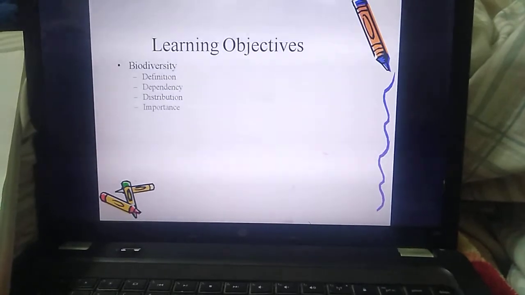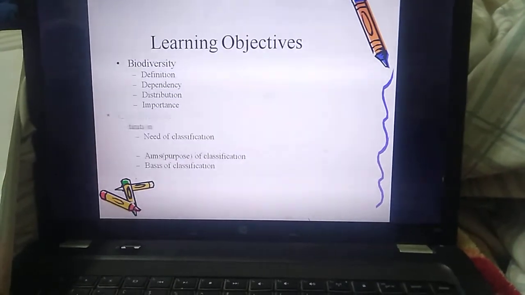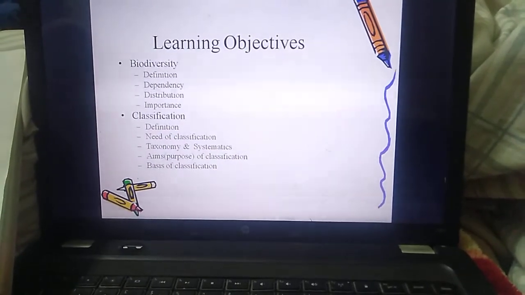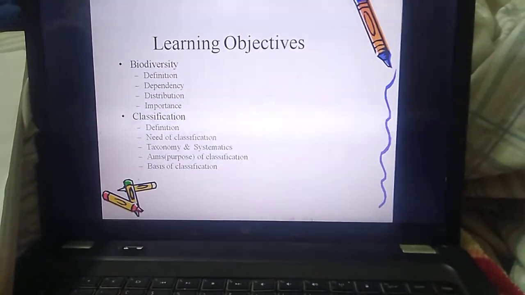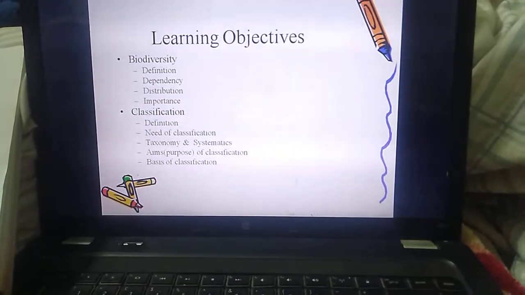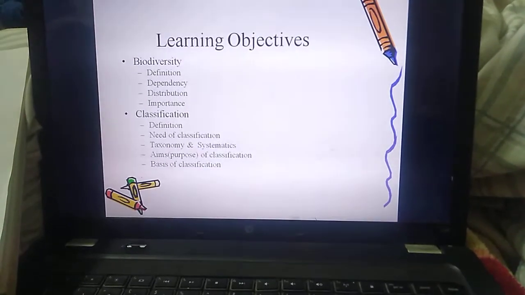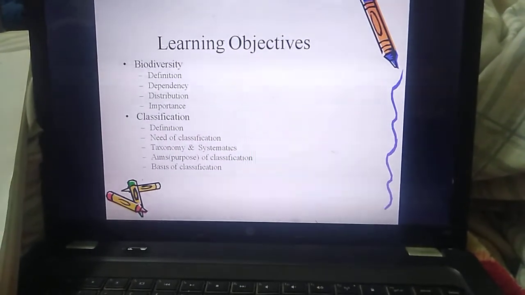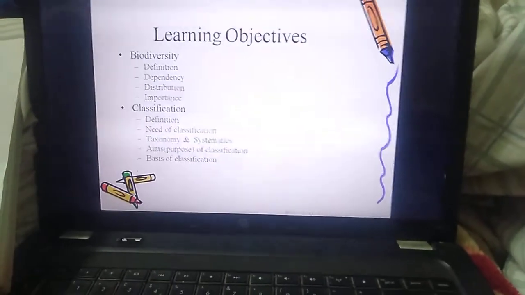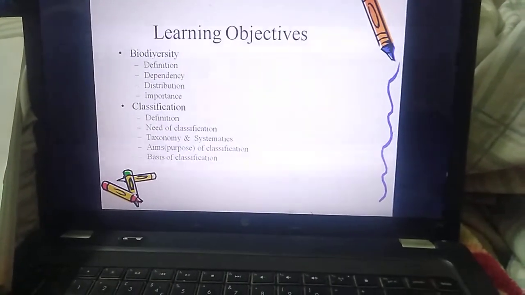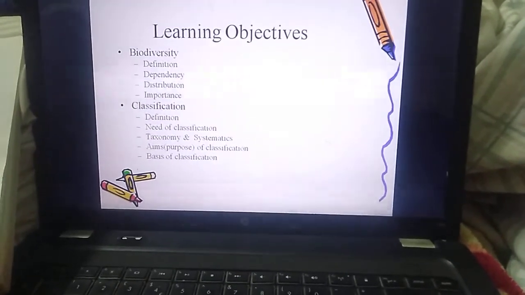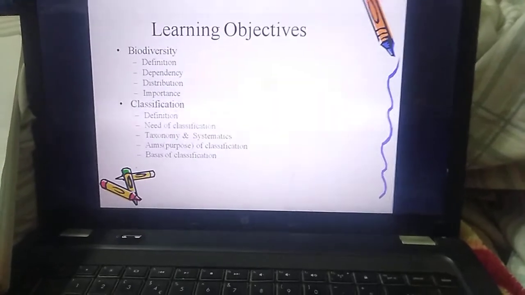The learning objectives include, first of all, we study biodiversity, its definition, dependency, distribution, and importance. Then we have classification, its definition, need of classification, taxonomy and systematics, aims of classification, and basis of classification.